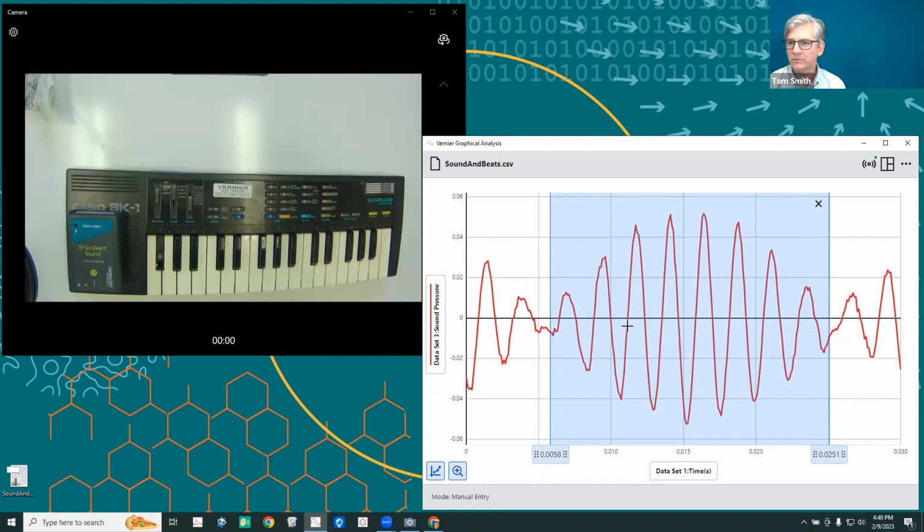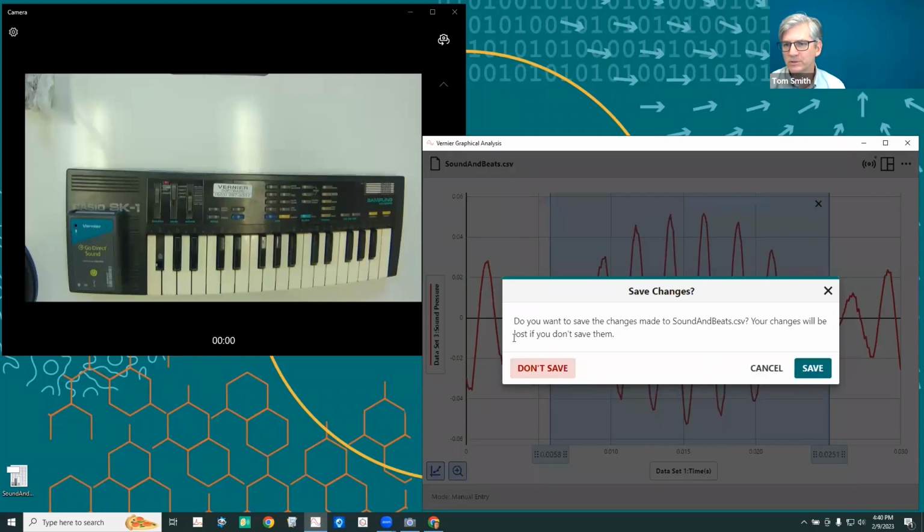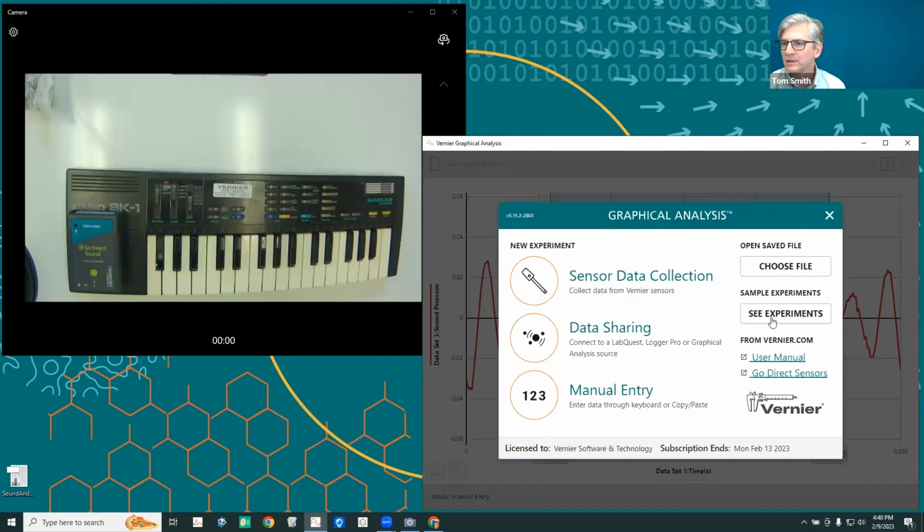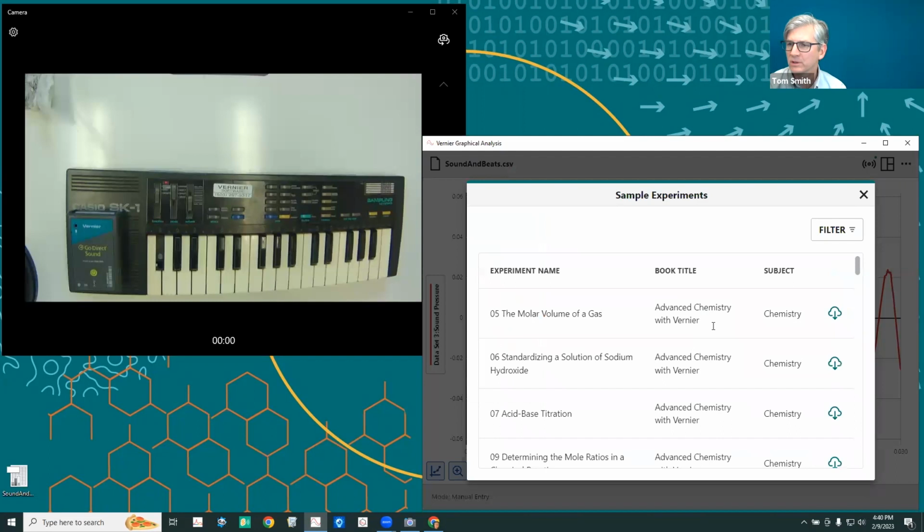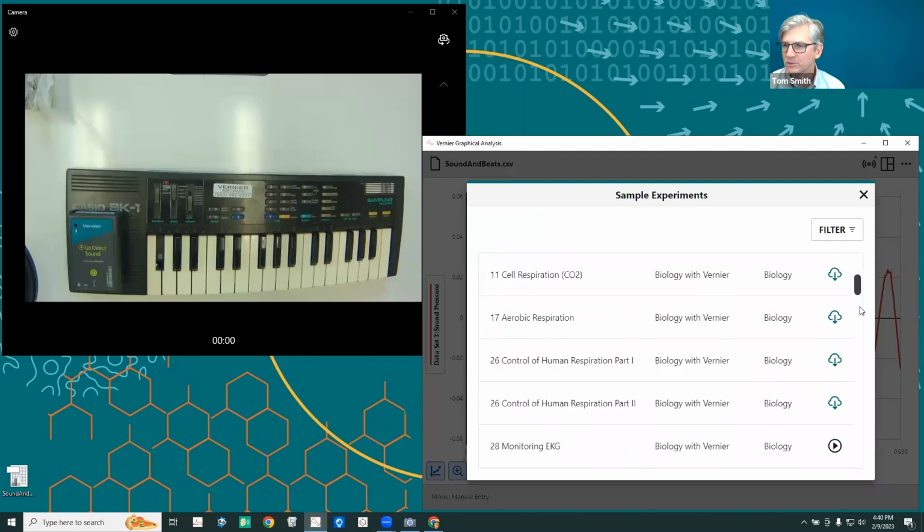And then some of the other things you can do with this is, let me go back to new experiment. And I'm going to go back to one of the experiments here.